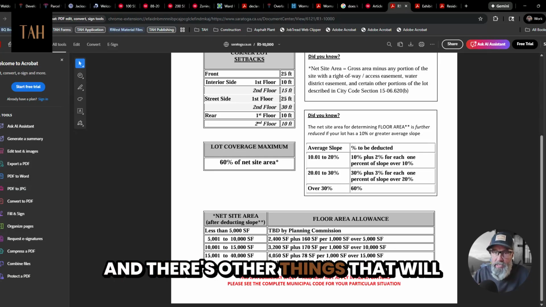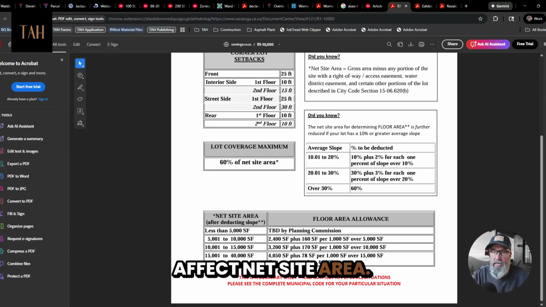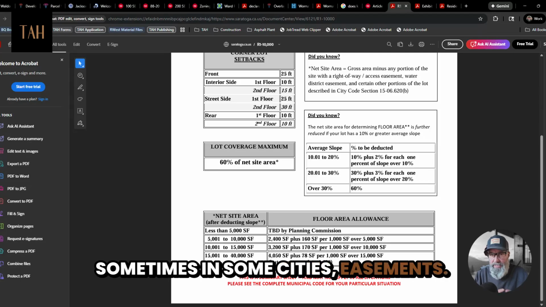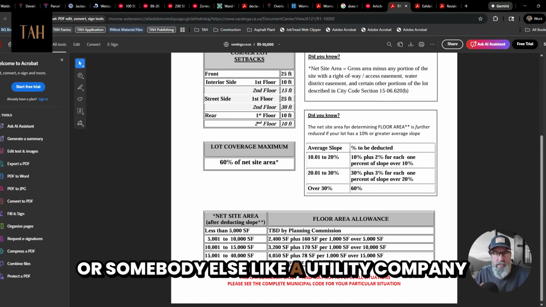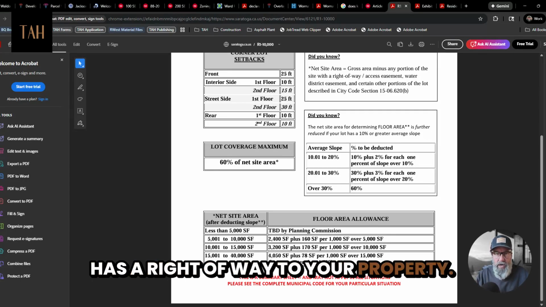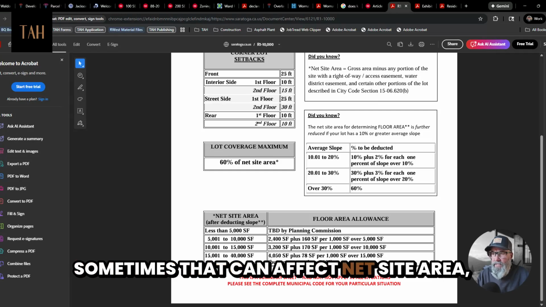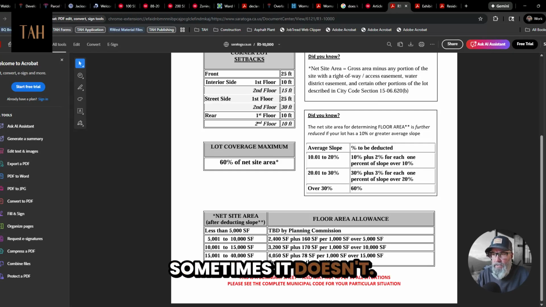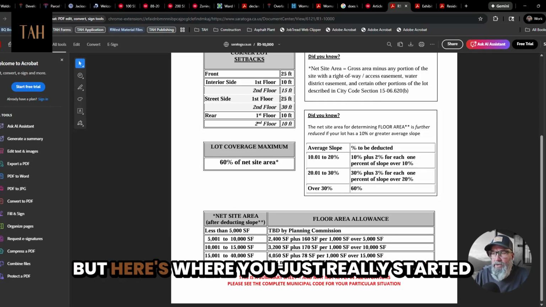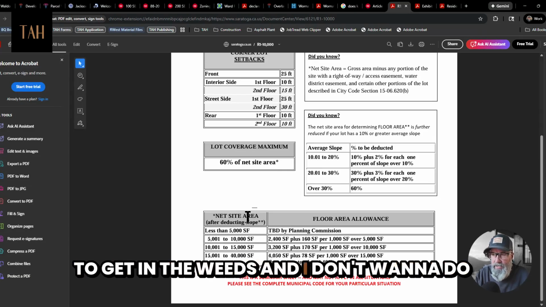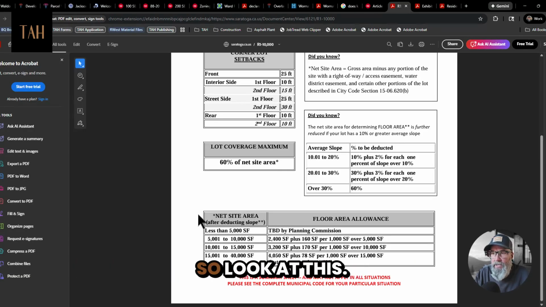And there are other things that will affect net site area. Sometimes in some cities, easements, where somebody else, like a utility company, has a right of way to your property, sometimes that can affect net site area. Sometimes it doesn't. So you'd have to look into that. But here's where you really start to get in the weeds, and I don't want to do that to you today. But look at this.